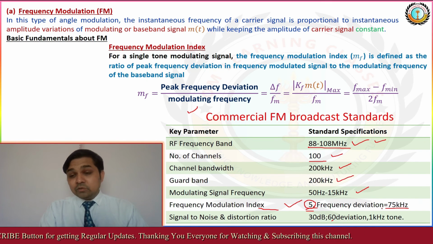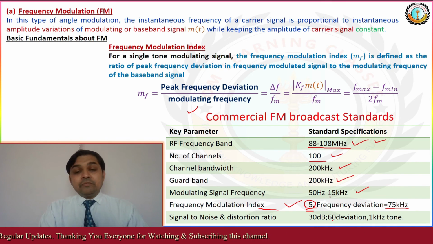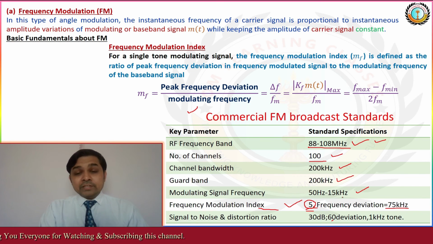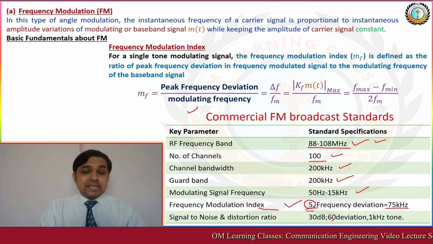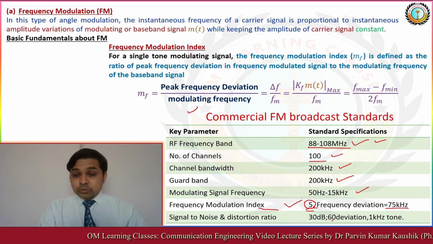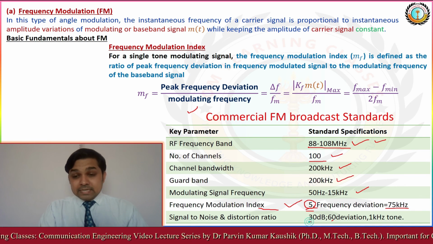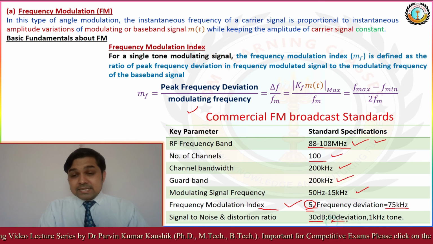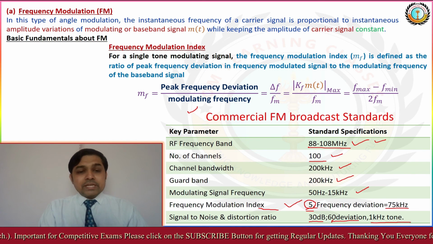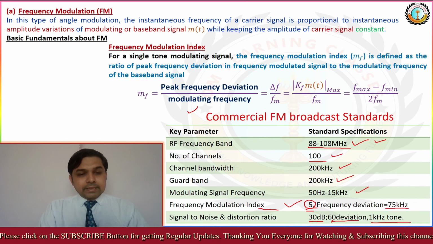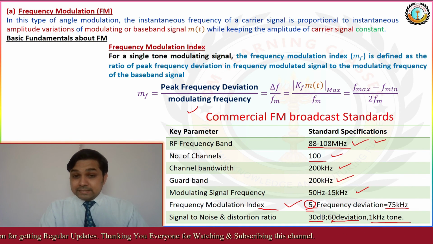We find 75 kilohertz divided by the maximum modulating frequency of 15 kilohertz, which gives mf equal to 5. Another important thing is the signal to noise and distortion ratio, which is 30 dB with 60 deviation with a 1 kilohertz tone. So these are the practical fundamentals related to the commercial FM broadcast standard.